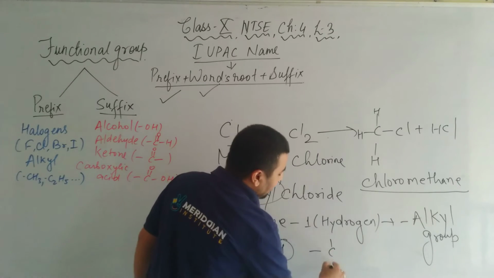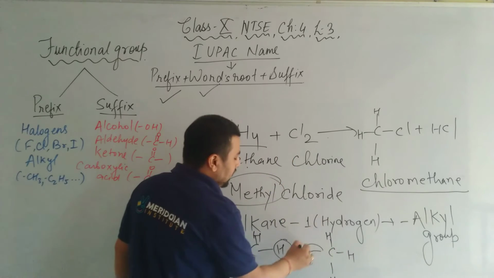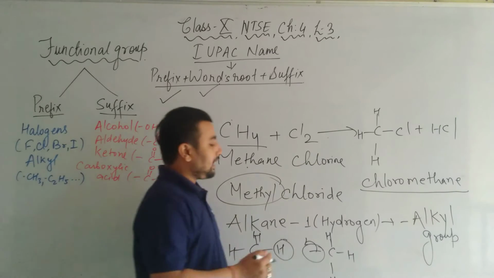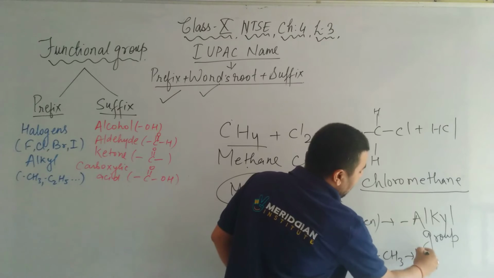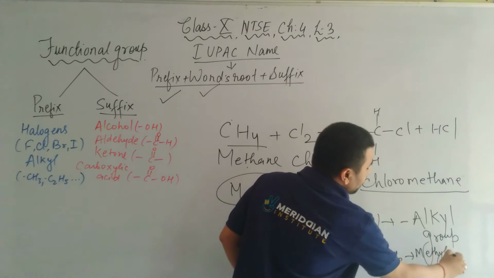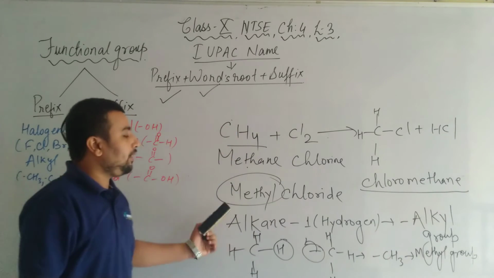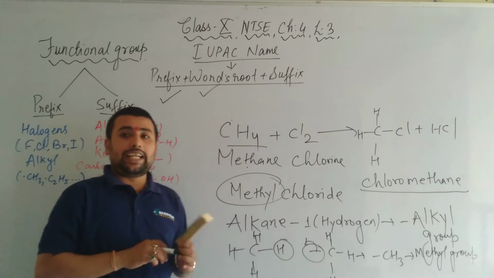It will become like this: 3 hydrogens and 1 active site still available to join any functional group. So this CH3 is known as the methyl group. That's why I said that when we remove one hydrogen atom from an alkane, it becomes alkyl.